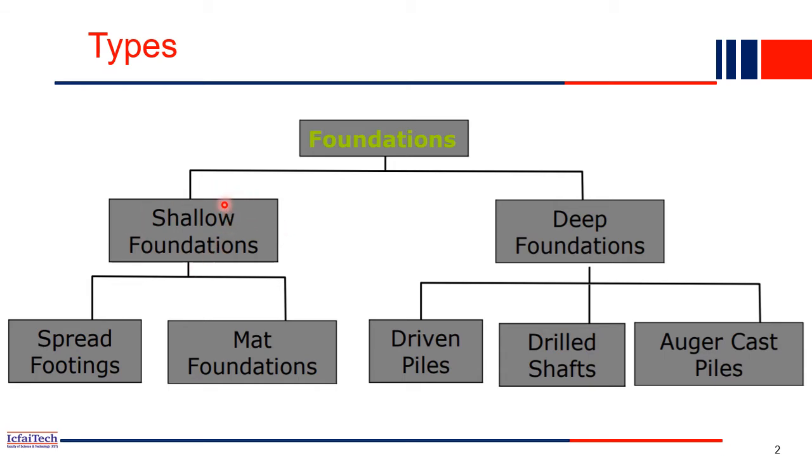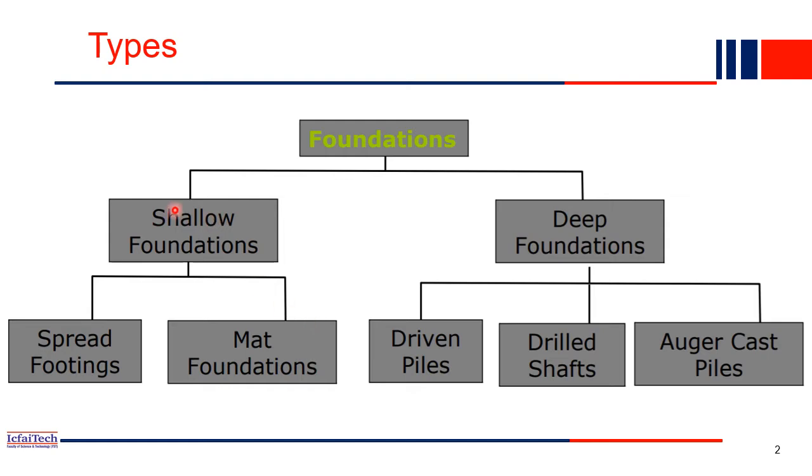A deep foundation is when the foundation depth is longer than maybe 3 or 4 meters. It goes up to 25-30 meters below the ground surface. In some cases we need to go for deep foundations. So there are largely two classifications: shallow foundation and deep foundation.